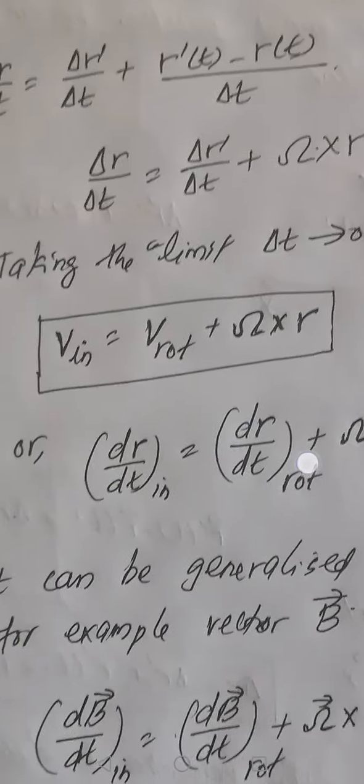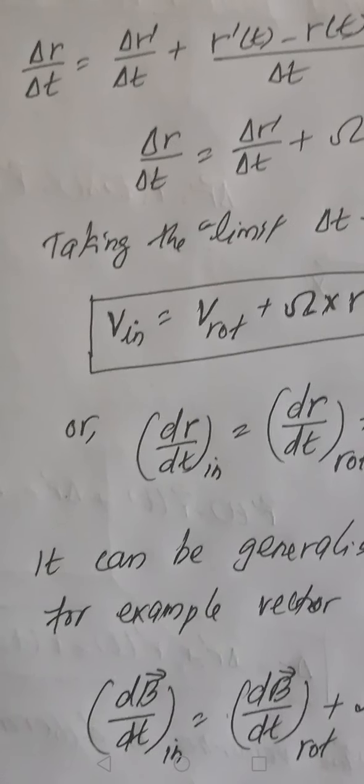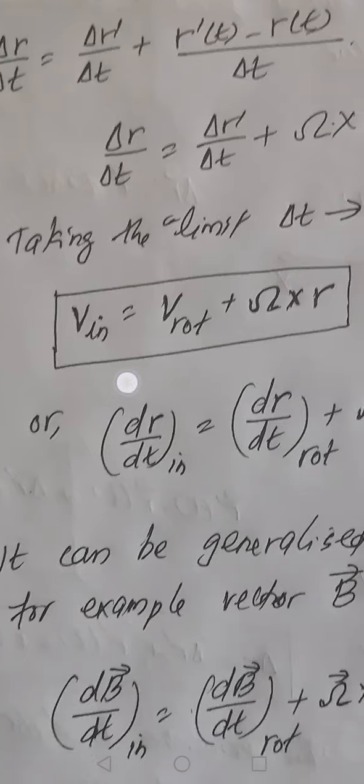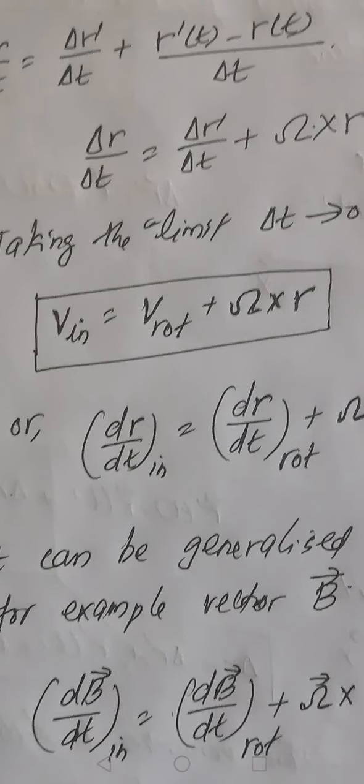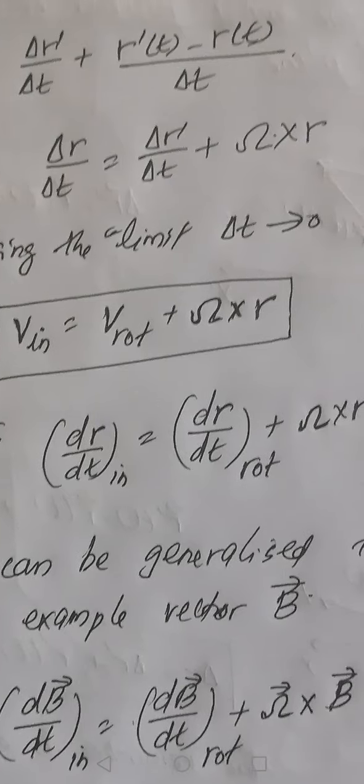Okay, so limiting, we are getting the limit delta t tending to 0 of delta r by delta t, that is actually the velocity in the inertial frame. Similarly, v rotational is the velocity in the rotating frame, that is the limit delta t tending to 0 of delta r prime by delta t, plus omega cross r.